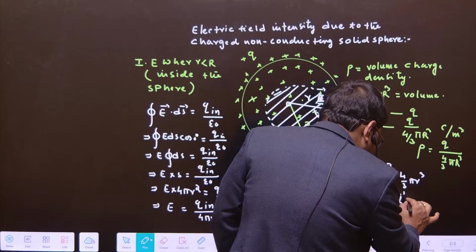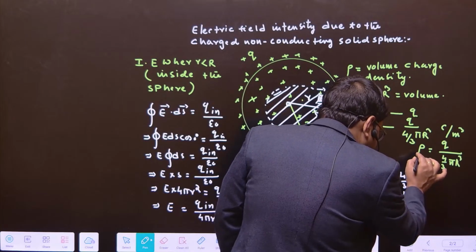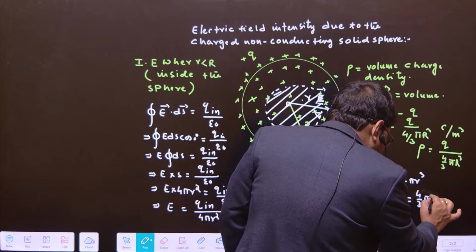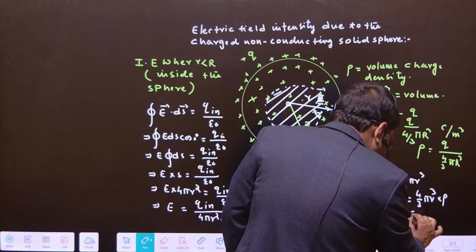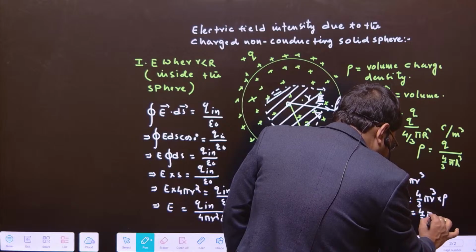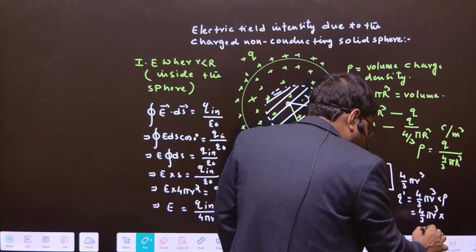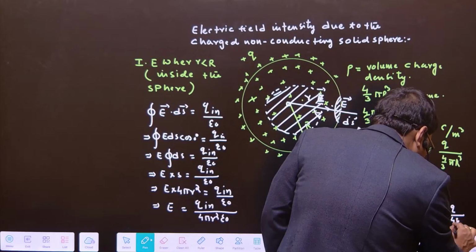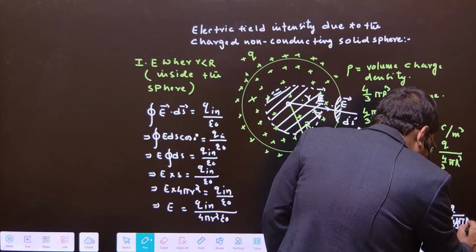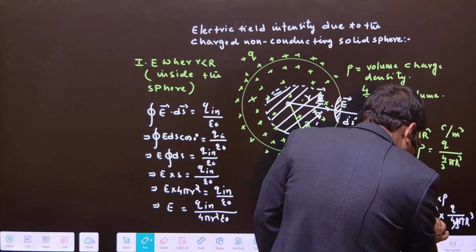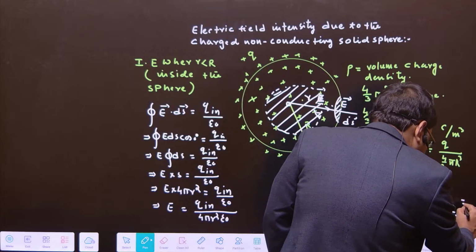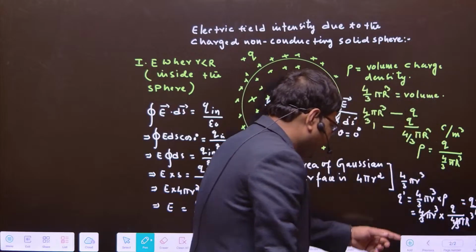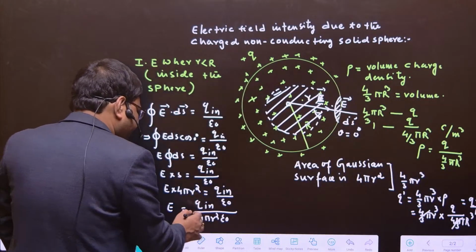Assume q dash, and it will be multiplied by rho, the charge per unit volume, that is 4 by 3 pi r cube into rho. Then instead of rho we write Q over 4 by 3 pi into capital R cube. Then we can write Q into r cube by capital R cube. Clear? That is the charge inside, q in, q dash.